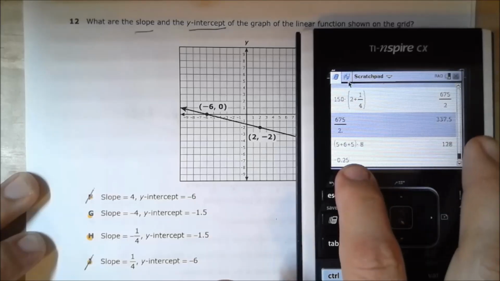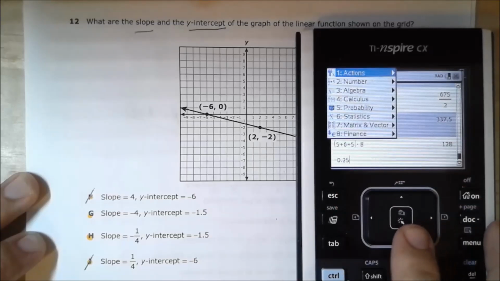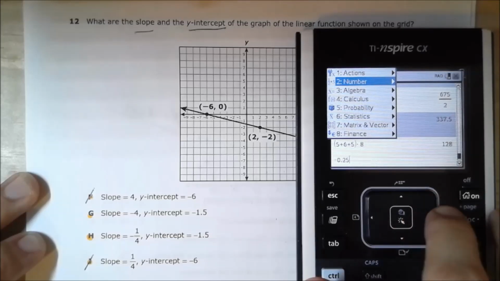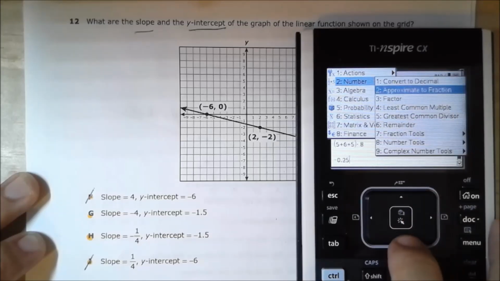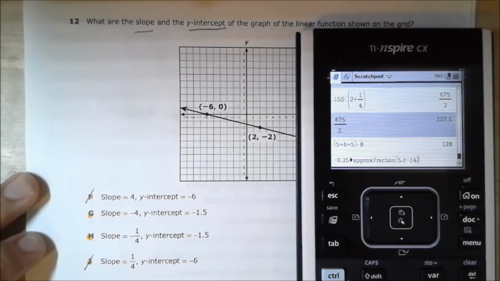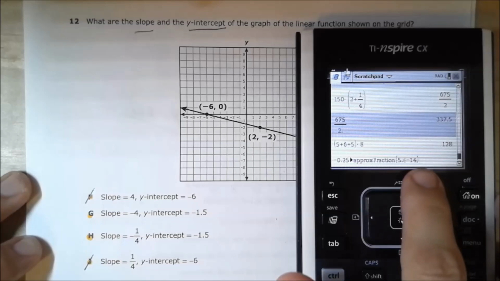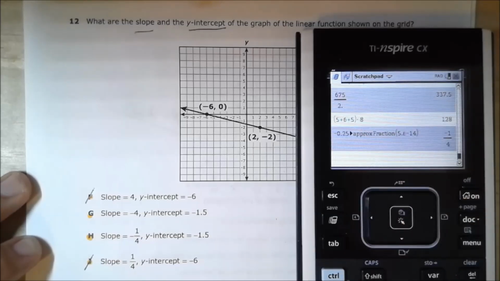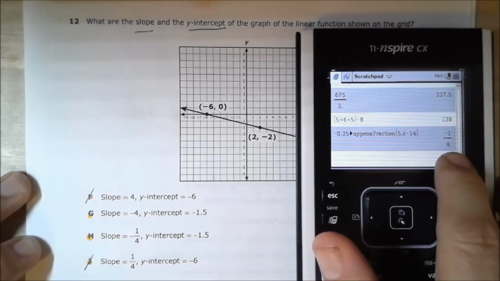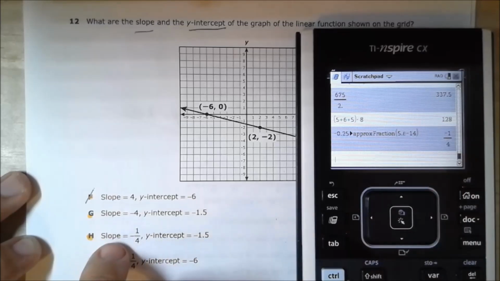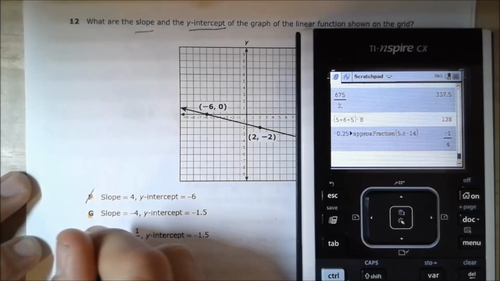So you put in -0.25, hit menu, go to number. After number, go ahead and go to approximate to fraction. Hit enter twice, because the first time it's going to give you this little symbol right here. And hit enter again. And it's going to tell you that it's -1/4. So that tells you that H is the correct answer, because it has -1/4.